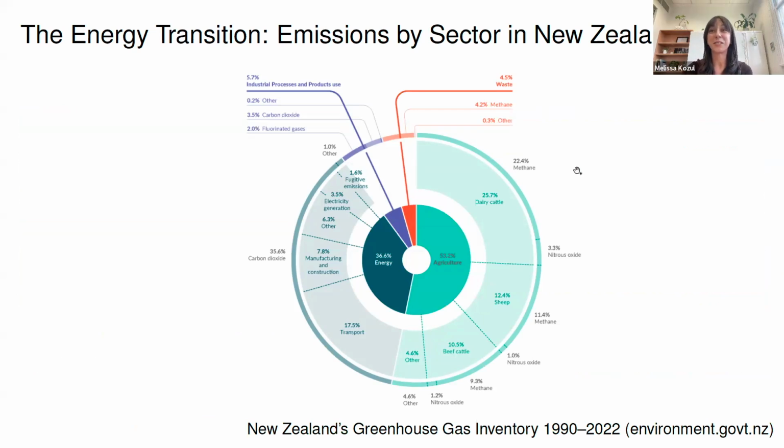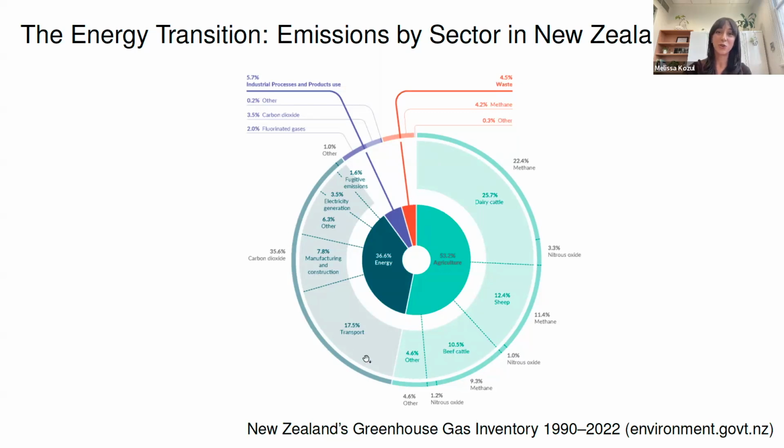This was very interesting to me because the picture is very different compared to Australia. In New Zealand, you have a lot of methane emissions from livestock. And actually emissions from electricity generation is quite small. It's only about 3.5%, and this is because you have a lot of hydropower.